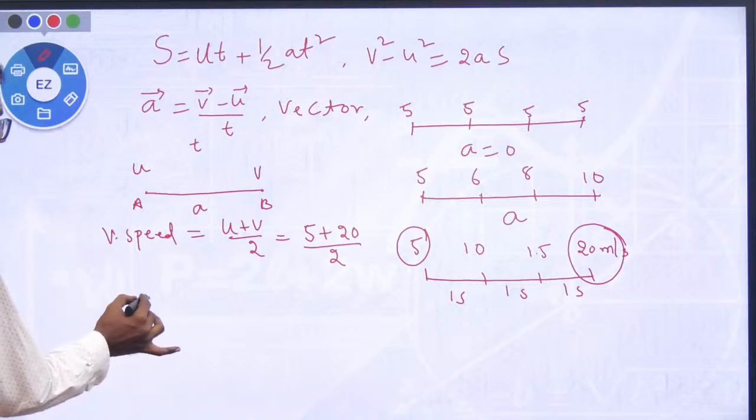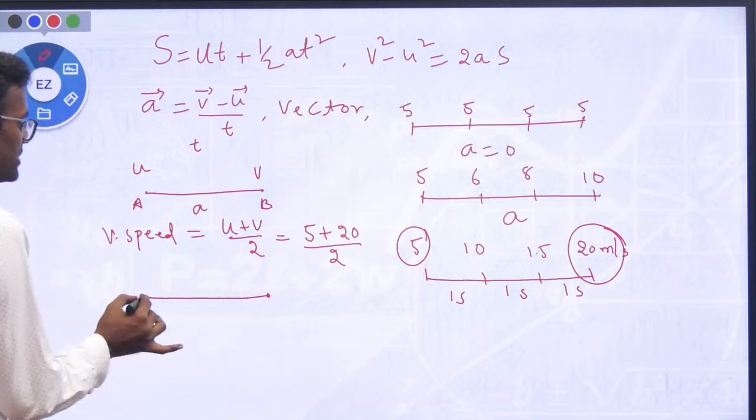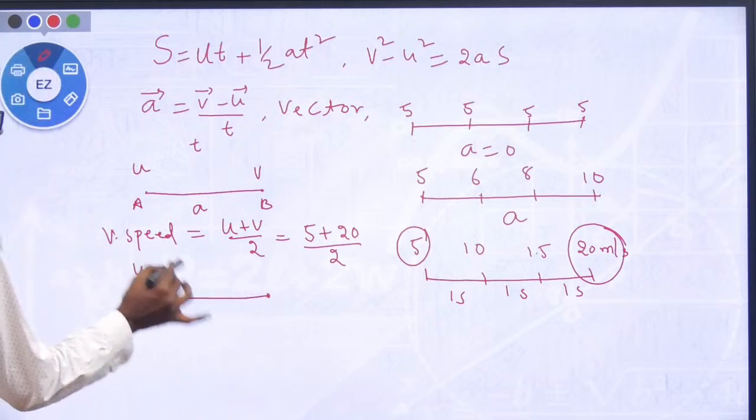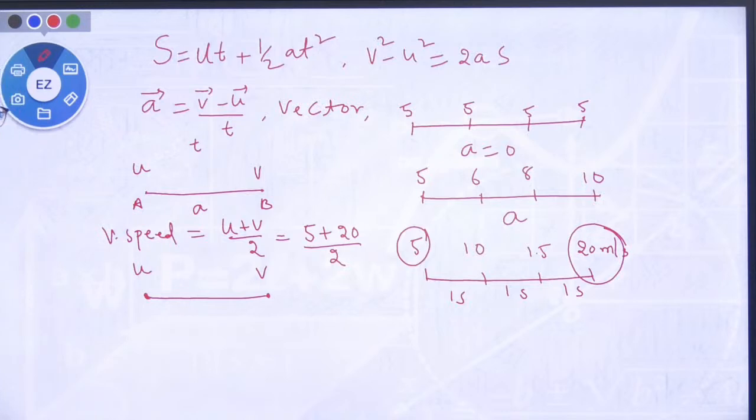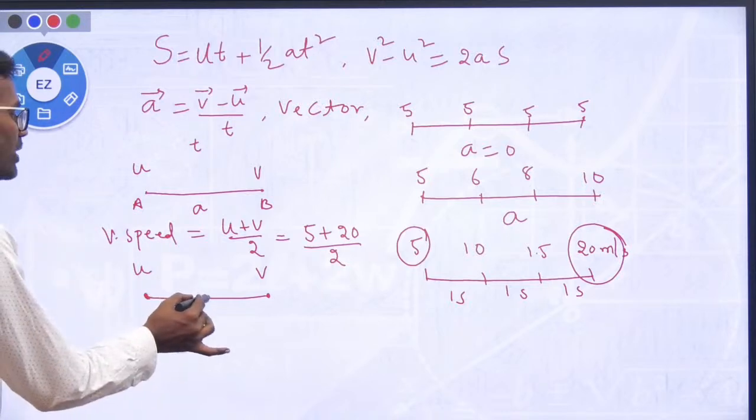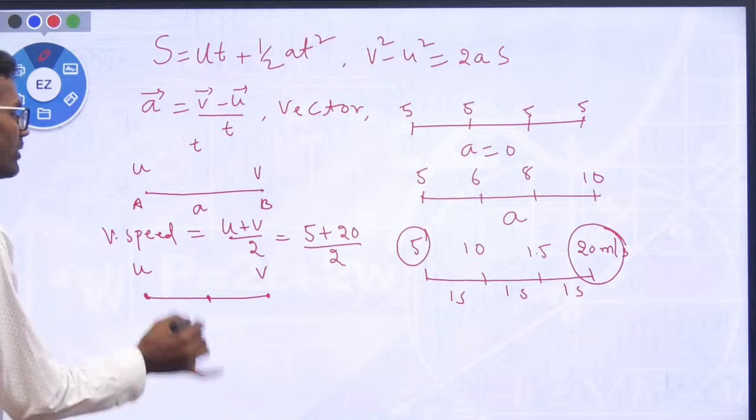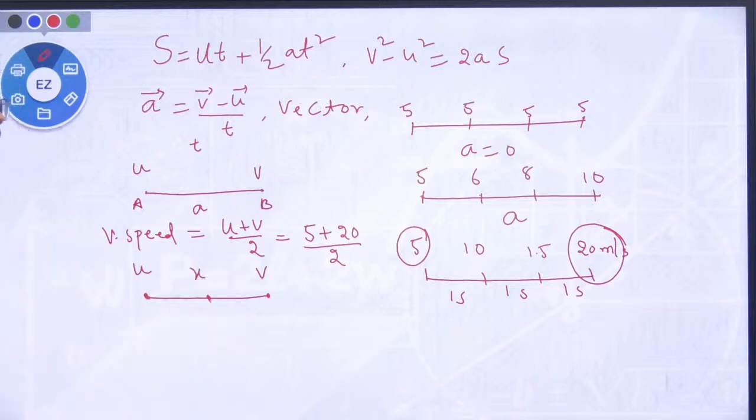Now the same question: starting speed is u, final speed is v. We want the velocity at the midpoint, which we don't know, so let me write x.